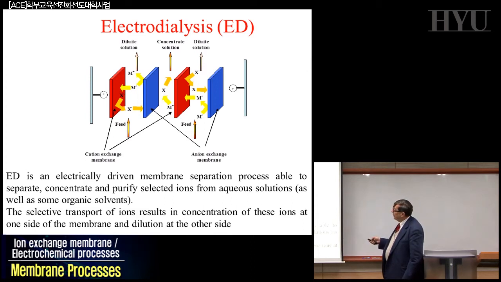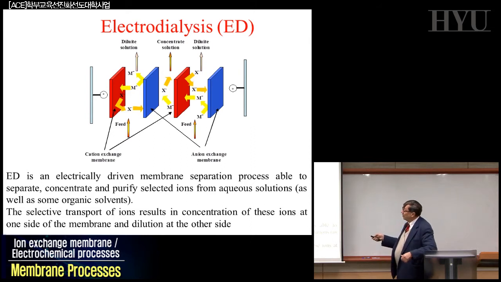So what is happening at the end is that in this kind of compartment, we enter with seawater and we are now diluting the solution. We concentrate the solution in this compartment here because the ions enter and concentrate, and in the other one we are diluting because the ions are going out.